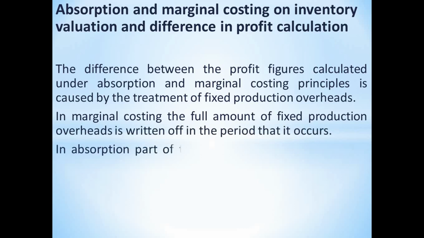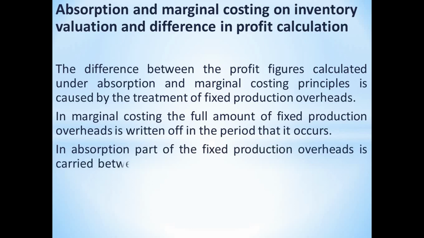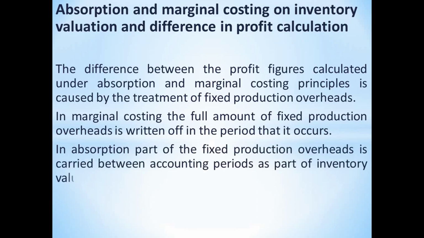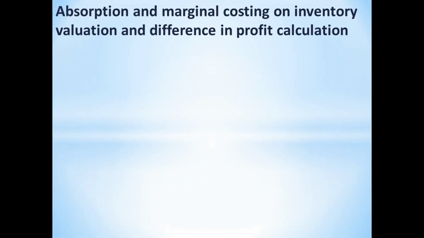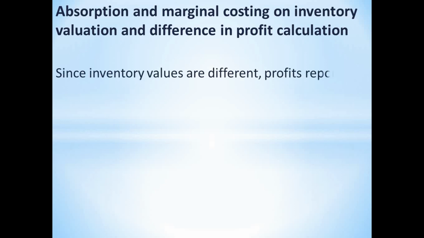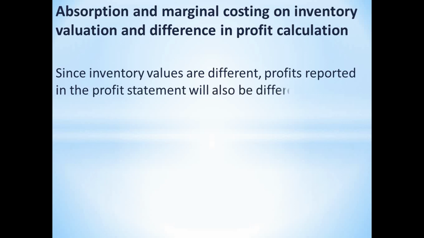In absorption, part of the fixed production overheads is carried between accounting periods as part of inventory valuations. Inventory values using absorption costing are therefore greater than those calculated using marginal costing. Since inventory values are different, profits reported in the profit statement will also be different.